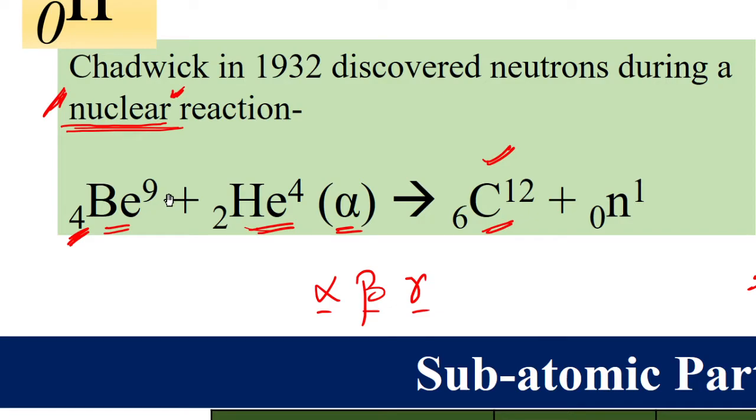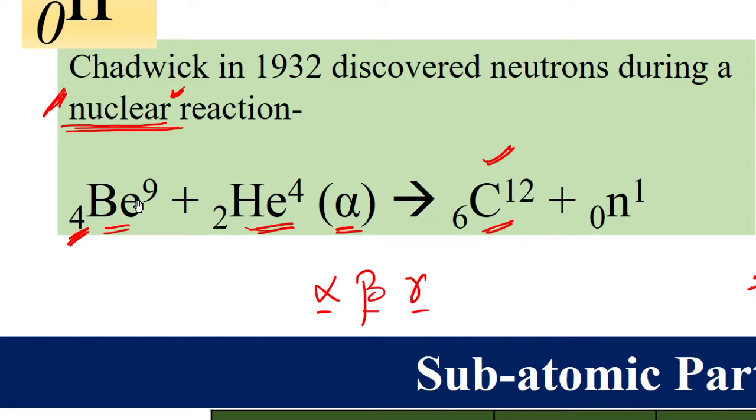That means there is something other than the proton which is giving the mass. So when he bombarded this beryllium metal with helium, by looking at this reaction, he found that some neutral particles are emitted.